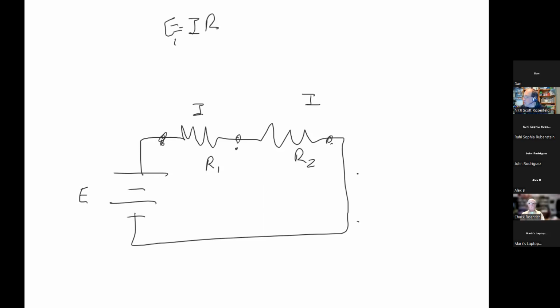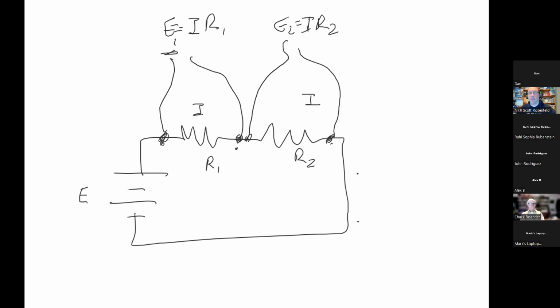So E1 is equal to I1 R1, E2 is equal to I2 R2, and we would see that the voltage measured across this resistor is going to be different, probably, from the voltage measured across this resistor, because the currents are the same and the resistances are different. They're going to experience different voltages.